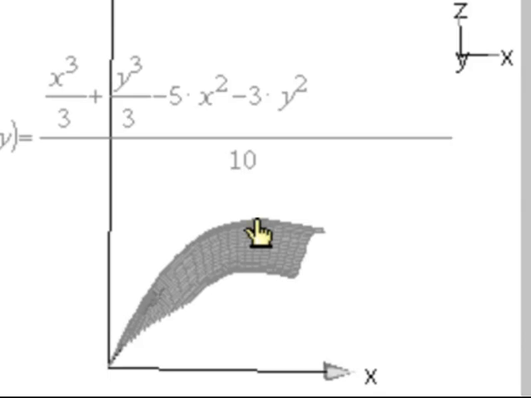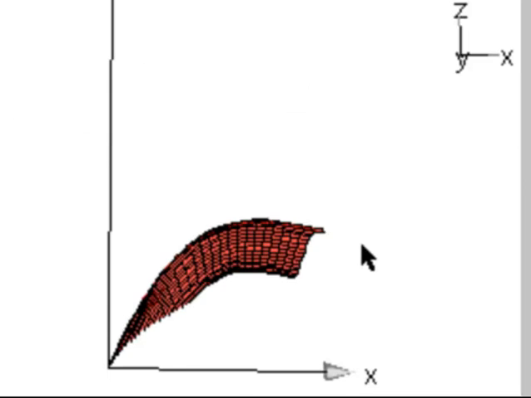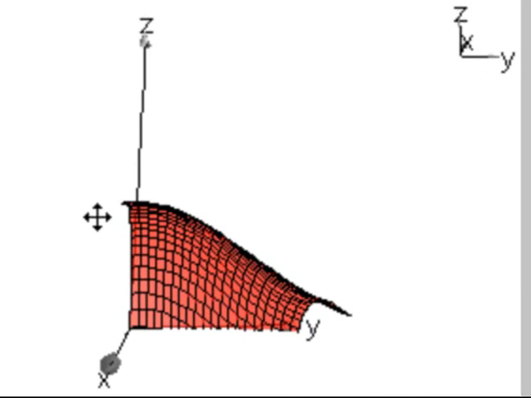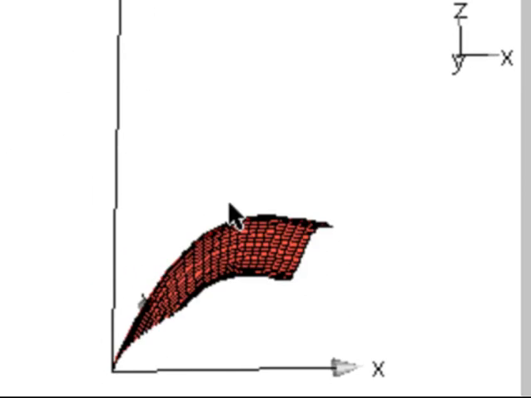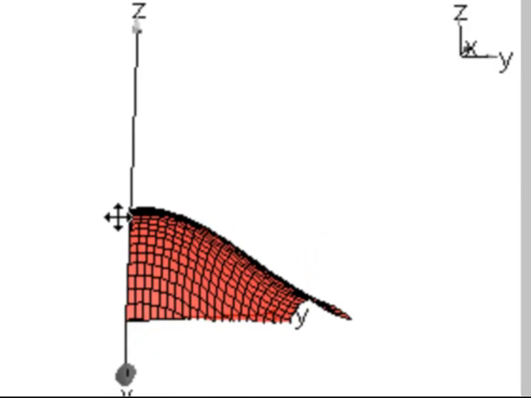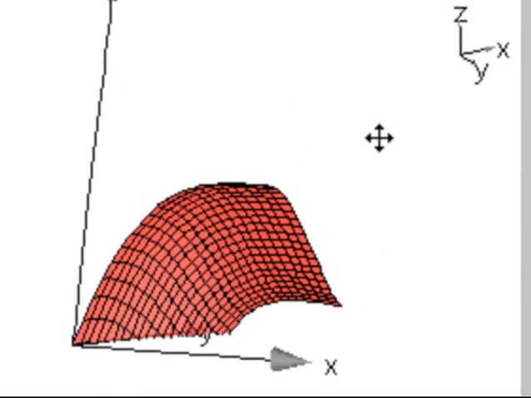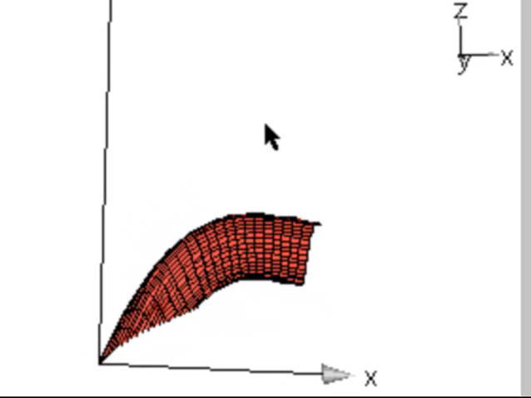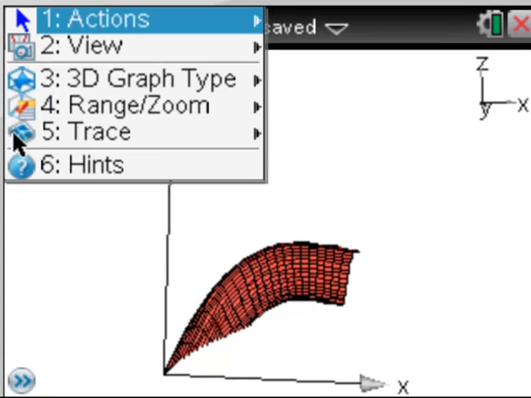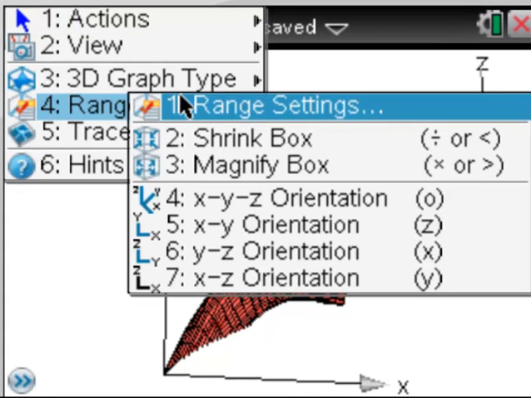Okay, so remember those numbers here. We said for x around 3, for y around 1, and for z about 4. Okay, so 3, 1, 4. Let's go back to the range.